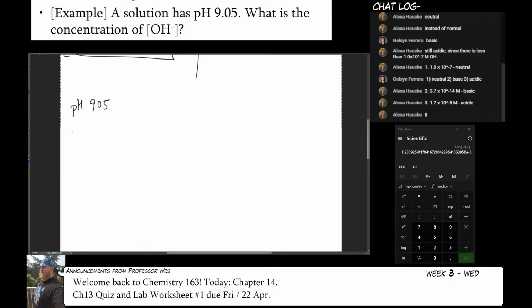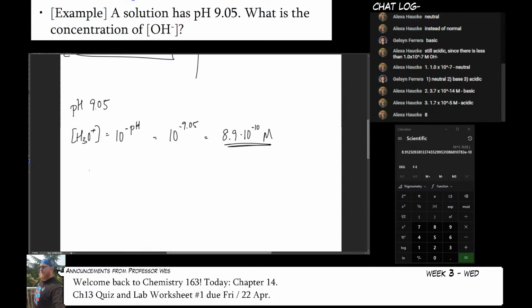So that means that if I calculate H3O plus, that must be 10 to the minus pH, which would be 10 to the minus 9.05, which is equal to 8.9 times 10 to the minus 10 moles per liter. So that's how much H3O plus is in there.